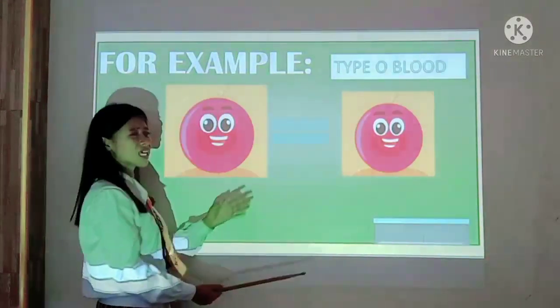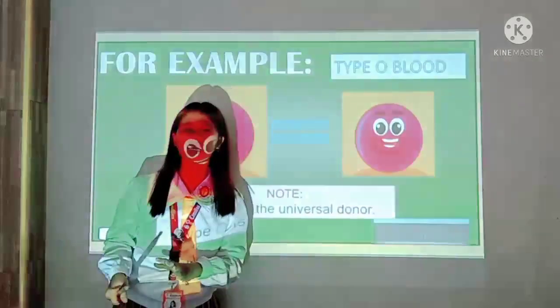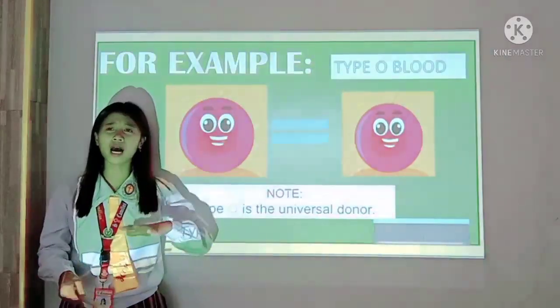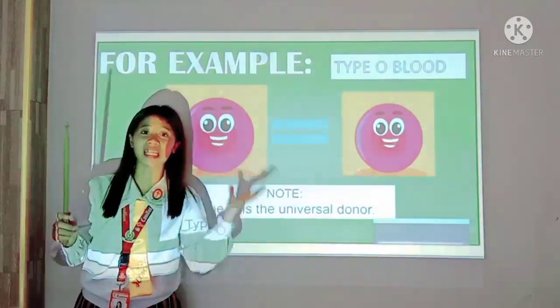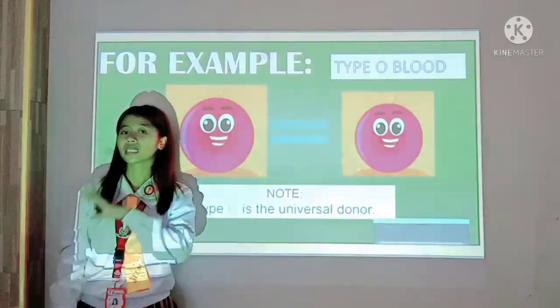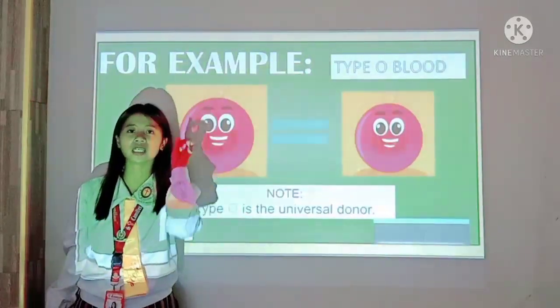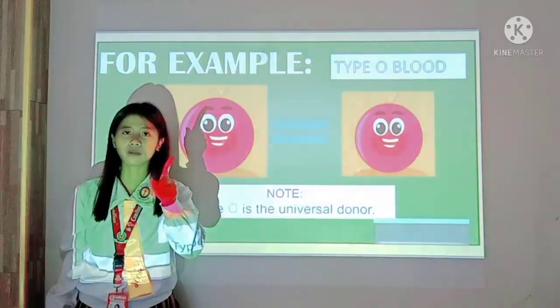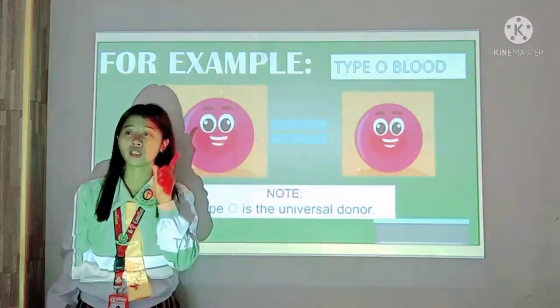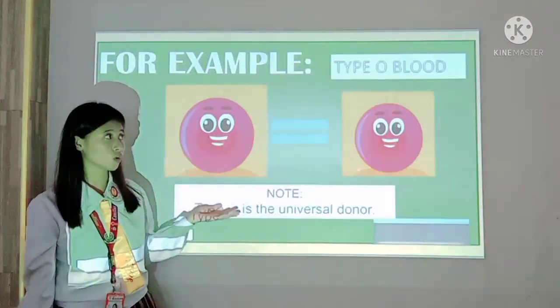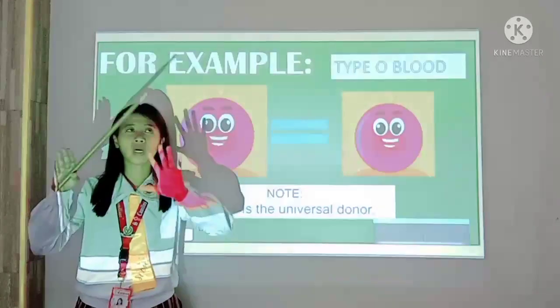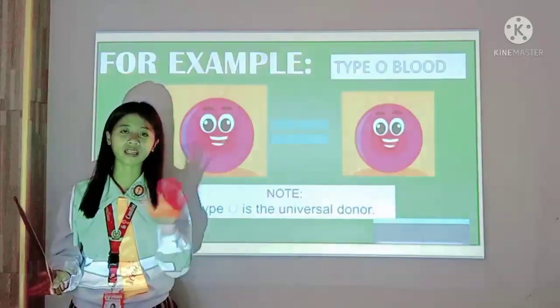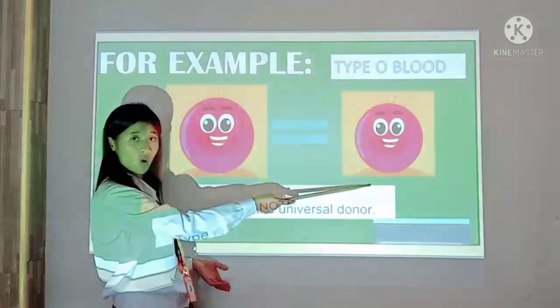Kasi nga kung mapapansin nyo, wala siyang antigen. Which is, sabi ko nga kanina, yung antigen is responsible for what type of blood you have. Kaso wala ito. So meaning kapag absence of antigen, your blood type will be O.